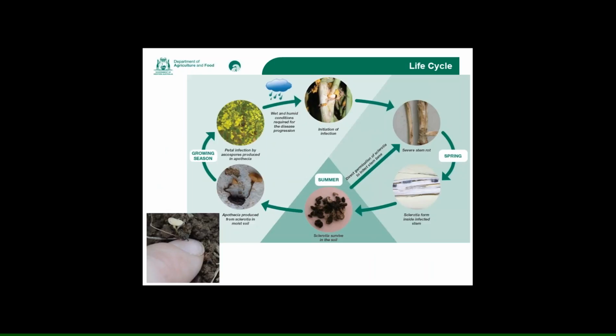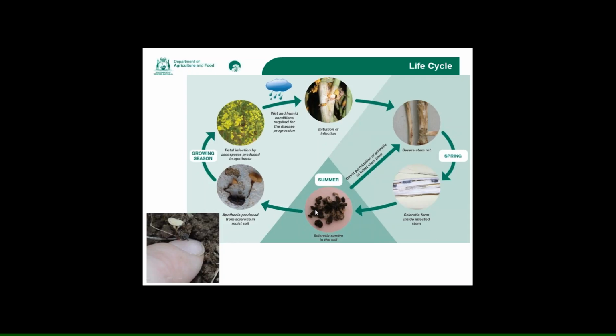So having a look at the life cycle, this is a good guide to show you where the places are to consider the risk of getting Sclerotinia in a canola crop. So we'll start at the bottom. Here in summer, the sclerotia can survive for many years in the soil, and they're the way that the disease is harboured over in the soil.